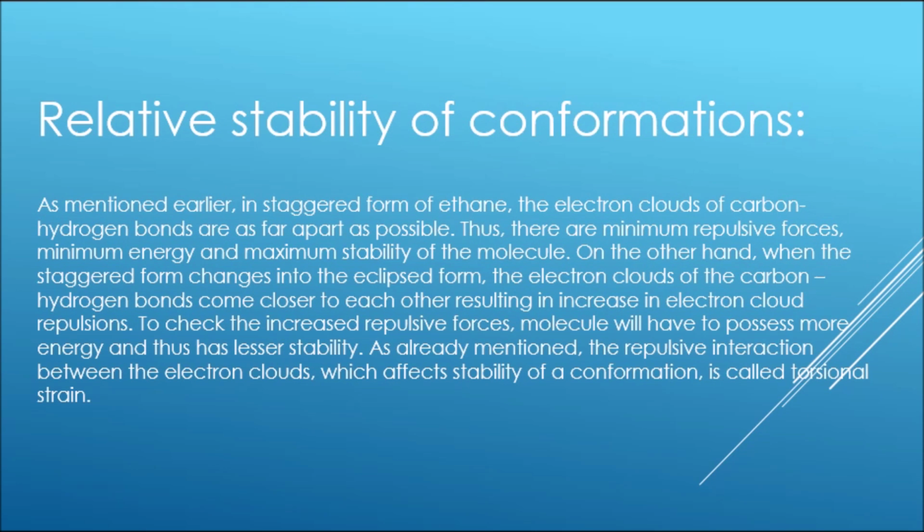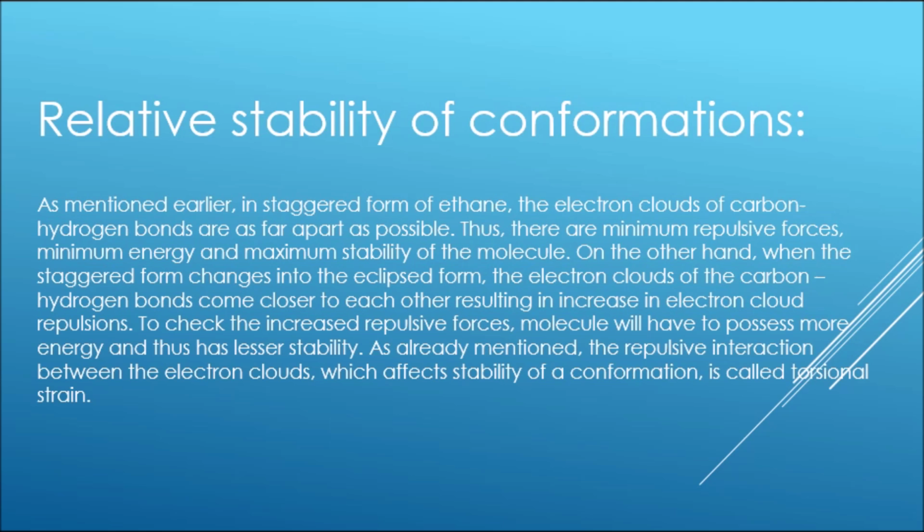Relative stability of conformations. As mentioned earlier, in staggered form of ethane, the electron clouds of carbon-hydrogen bonds are as far apart as possible. Thus, there are minimum repulsive forces, minimum energy and maximum stability of the molecule.